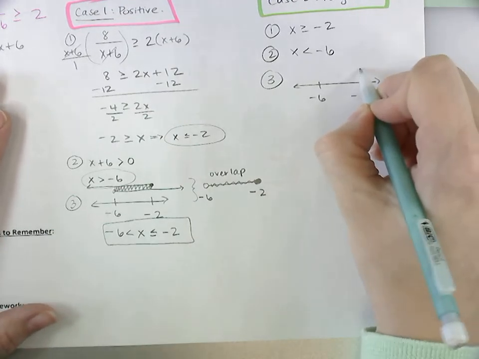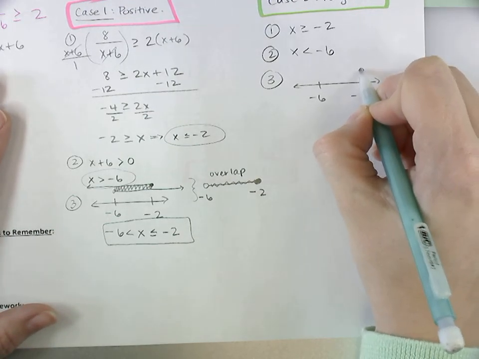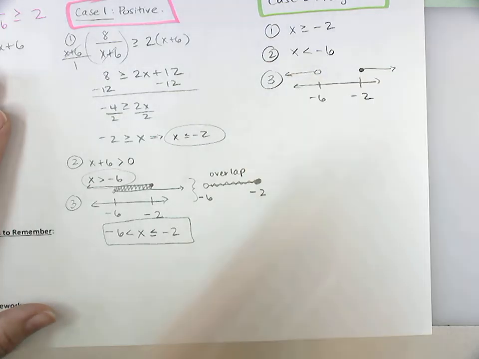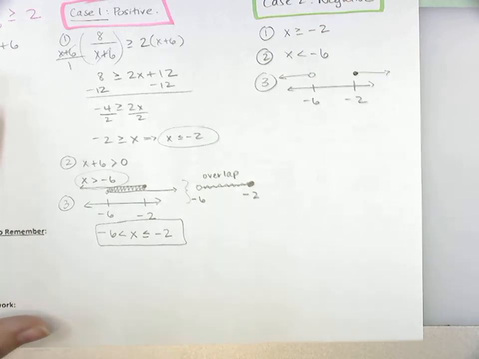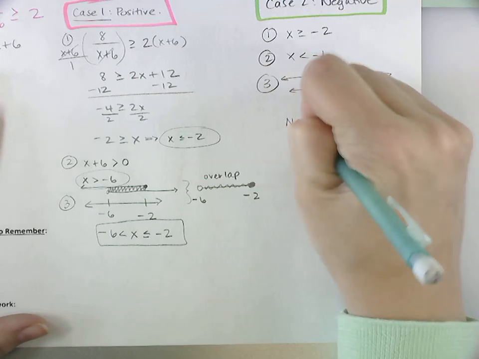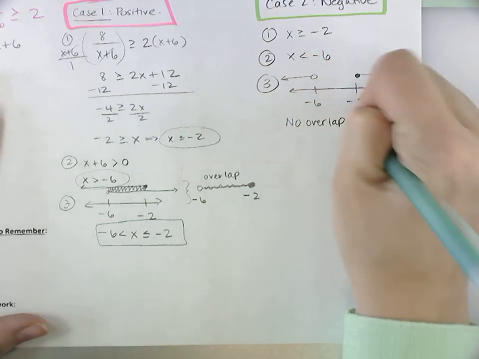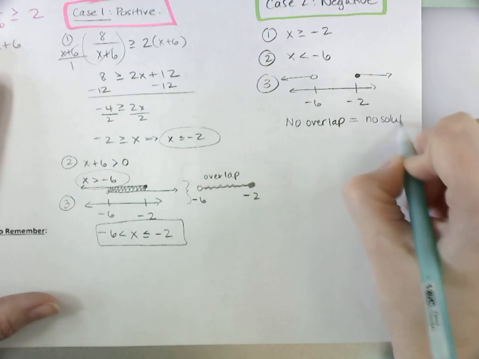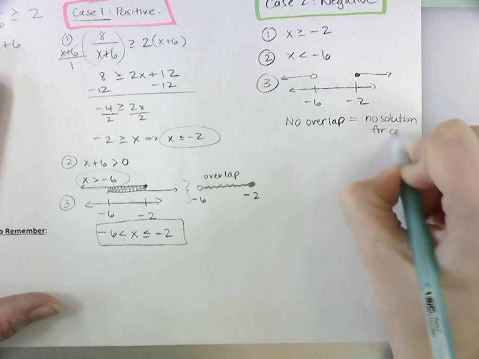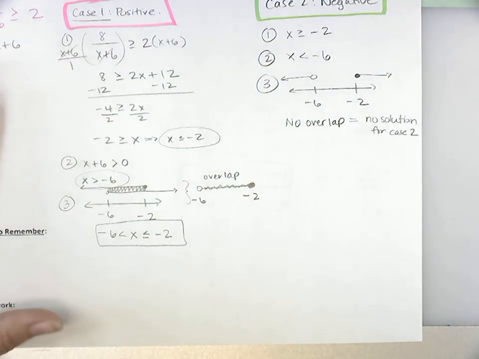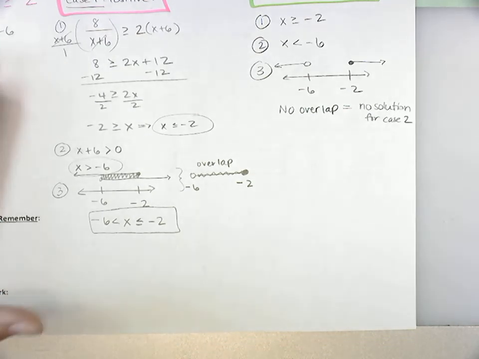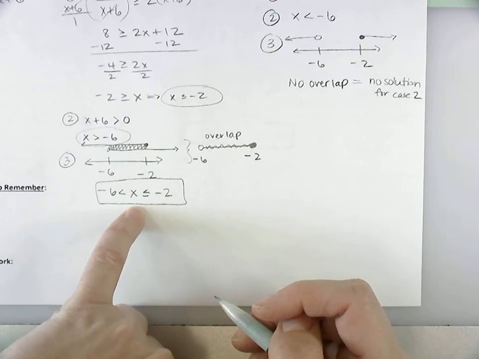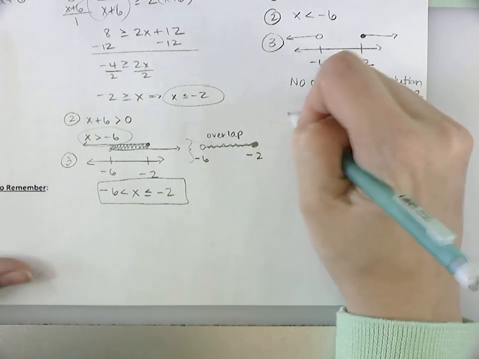I have x is greater than or equal to negative 2, so that'll be a closed circle. I have x is less than negative 6. Do I have any overlap here? If there's no overlap, that means there's no solution for case 2. So guess what our final solution is? It'll be whatever you got for case 1.